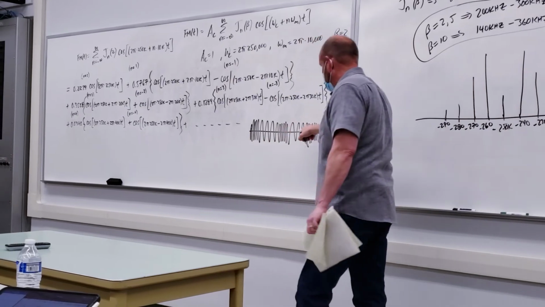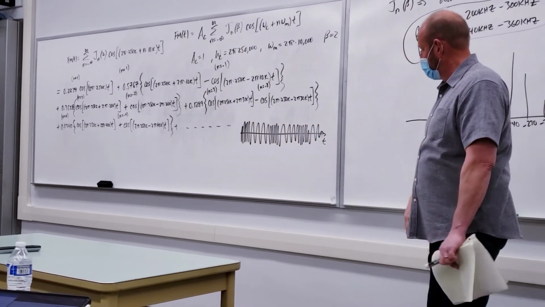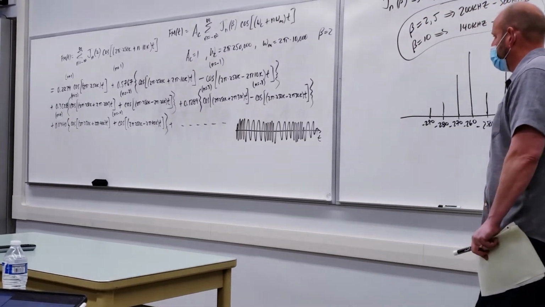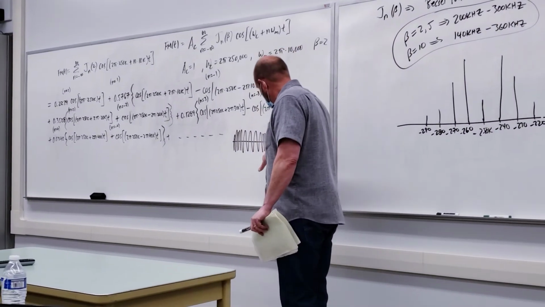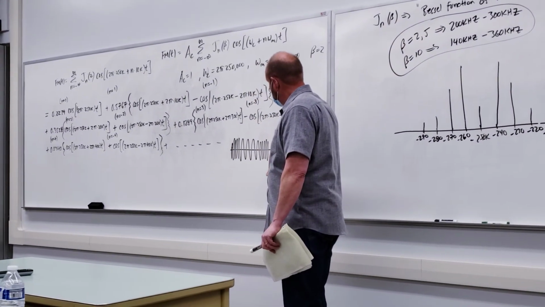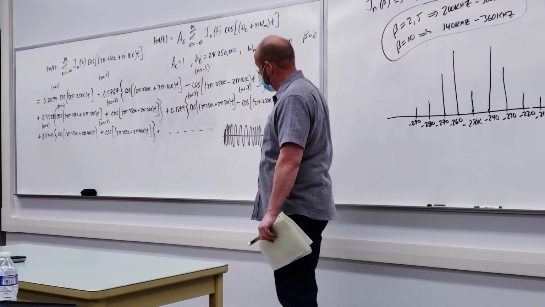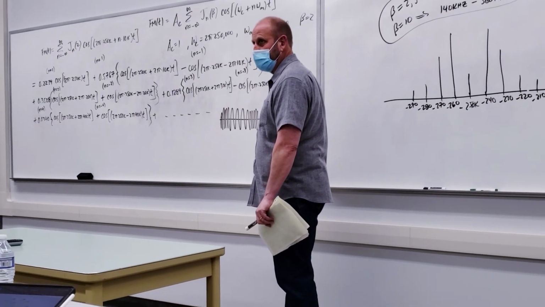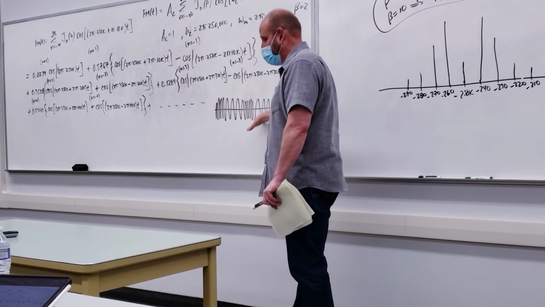If you have a sinusoid message, and you have an FM modulated version of that message, what this is telling us is that I can make this up by adding together a bunch of cosines of different amplitude and frequency. If I add all these up, they'll add together and they'll be that.